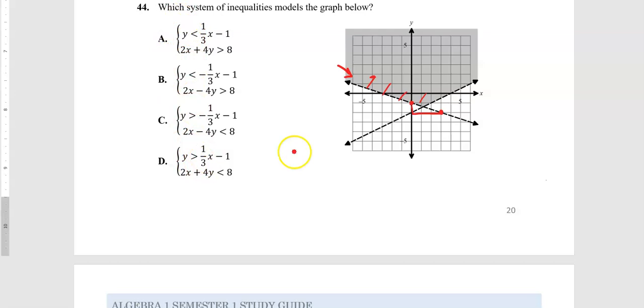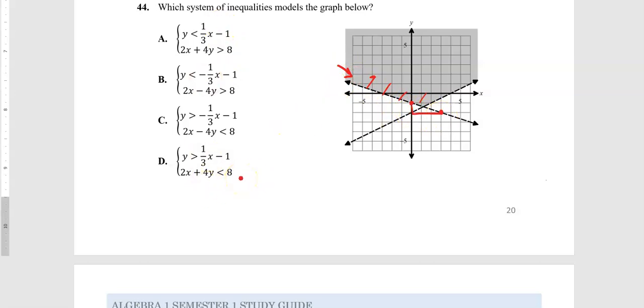So I'm going to first start with that equation because it's already in a format I know how to read from a graph, to eliminate some of those answer choices I know are not right. I start with my y-intercept, which is -1, which is what they all have. And as you can tell, this line is going down, so it is a negative slope. It is going down by 1/3, so it is all the same slope.